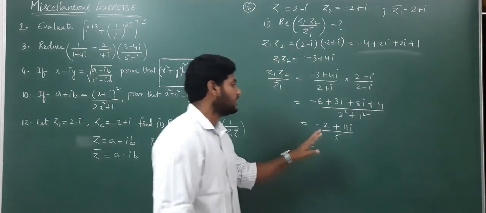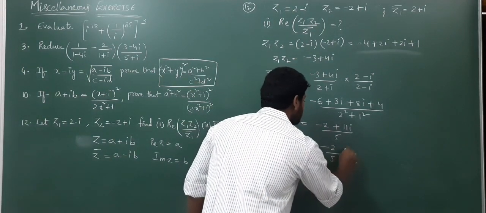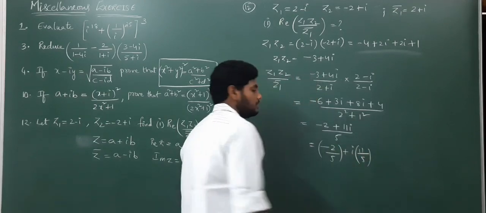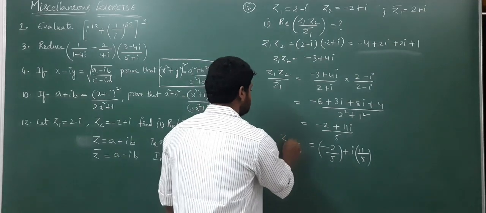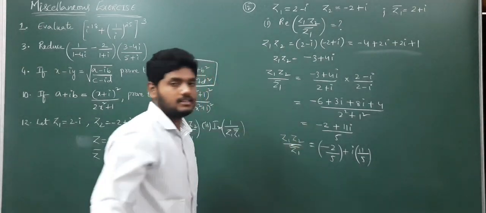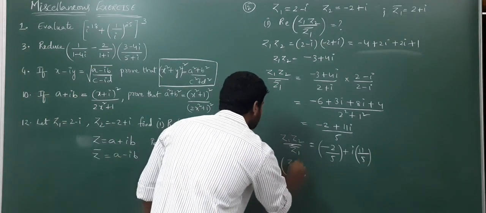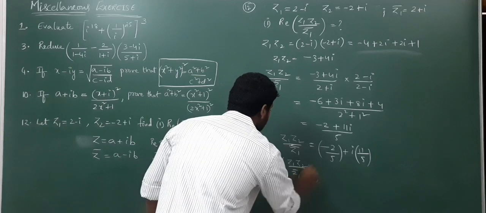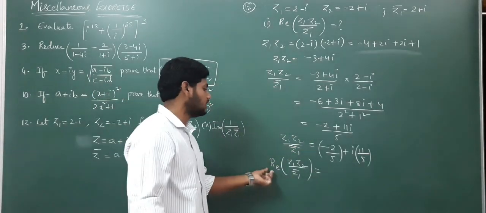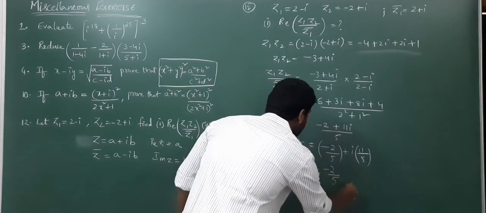So in proper complex form, it will be minus 2 by 5 plus I into 11 by 5. In that A plus IB form, which is Z1 Z2 by Z1 bar, what we need is exactly RE of Z1 Z2 by Z1 bar. That means in that complex number we need only the real part. That real part is minus 2 by 5.